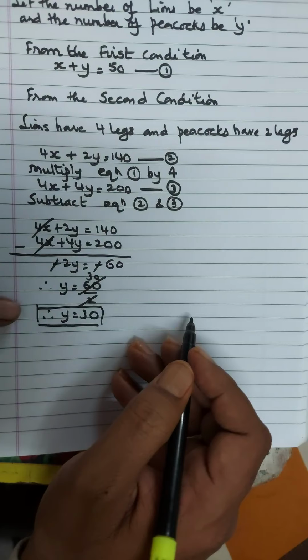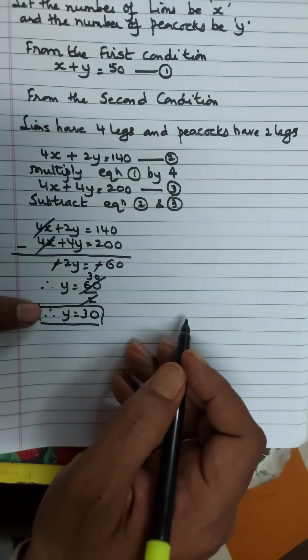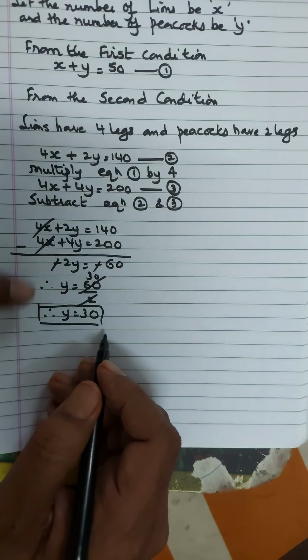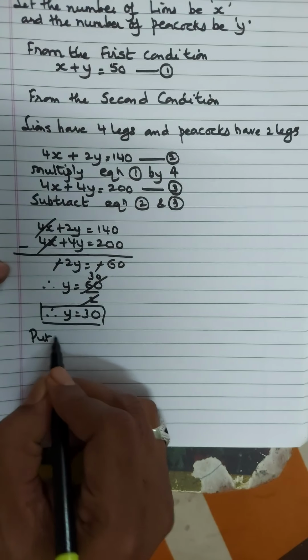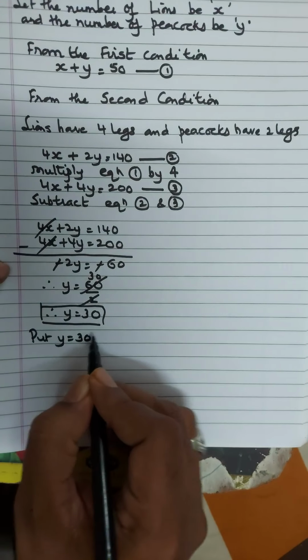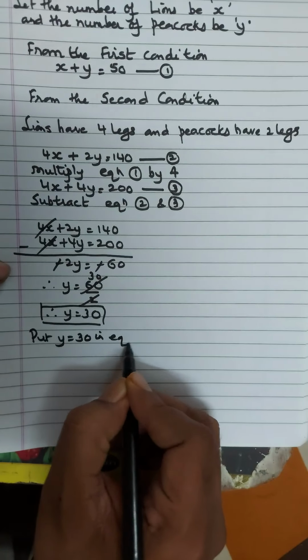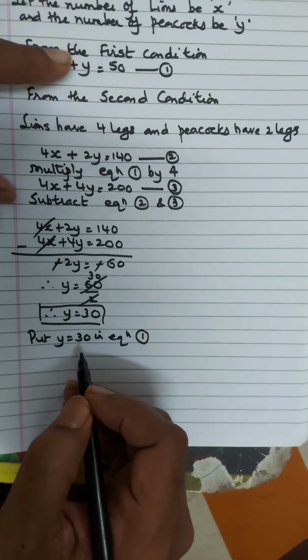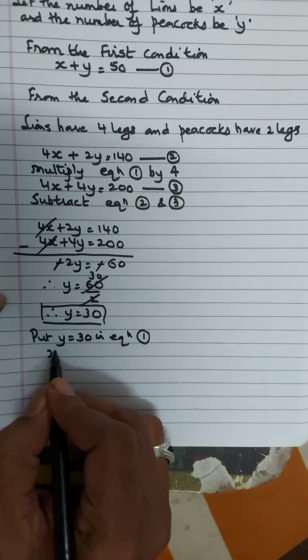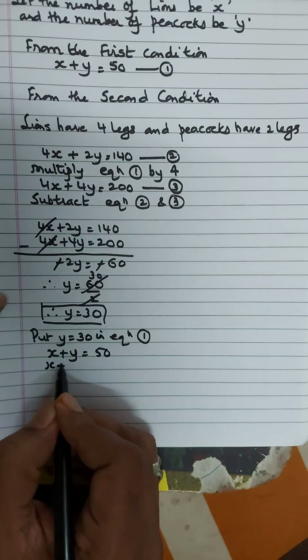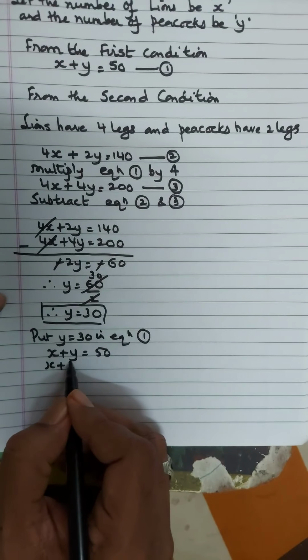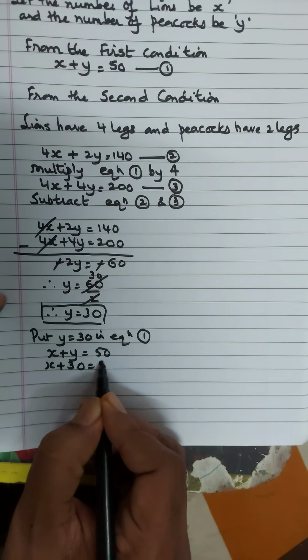Okay, we have to take out one more answer. So we need to substitute the value of y in equation number 1, 2 or 3, either. So put y equal to 30 in equation number 1, suppose. What is equation number 1? x plus y is equal to 50. So x plus the value of y, 30, is equal to 50.